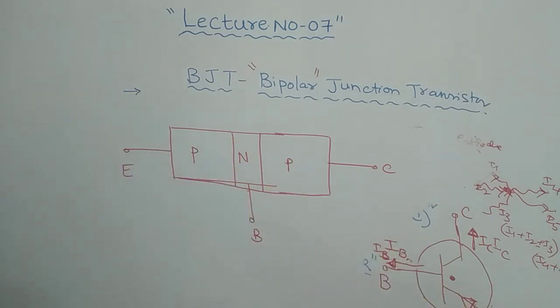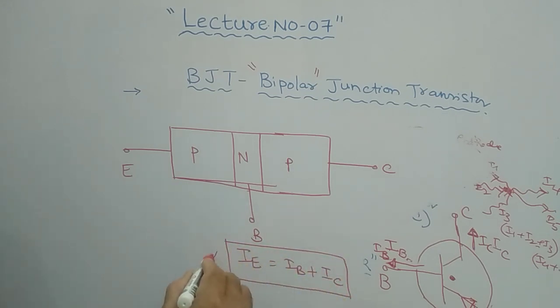Here also the same. It is entering current to the node. These are the leaving currents. In this case also your relation holds good, that is IE is equal to IB plus IC. Remember that. In both cases, either it could be an NPN transistor or otherwise a PNP transistor, the relation between the currents holds the same, meaning the emitter current is equal to base current plus collector current.